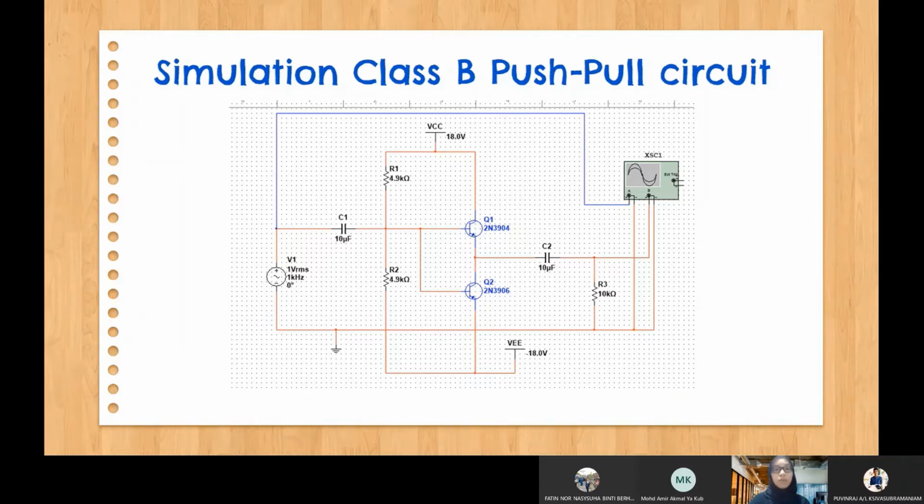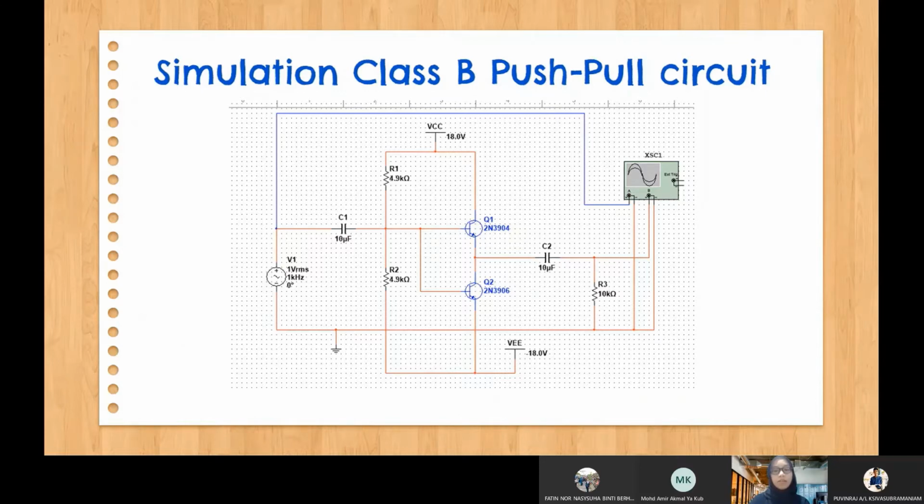But during the positive cycle of the signal, Q2 will be off. It means that it's an open circuit. But during the negative cycle of the signal, Q1 is off because it has a negative value at the base of Q1. But Q2 is on because the Q2 base is at a lower value than the emitter.